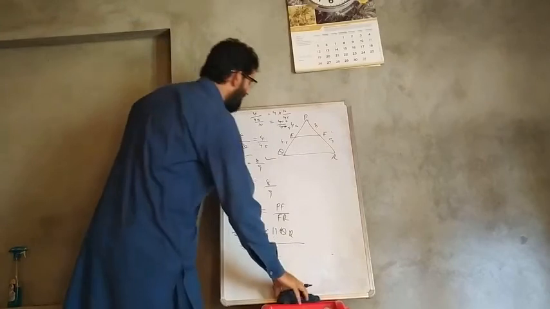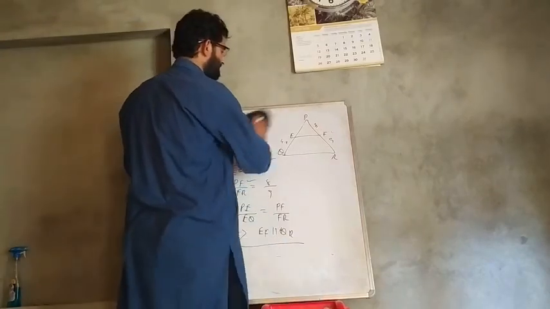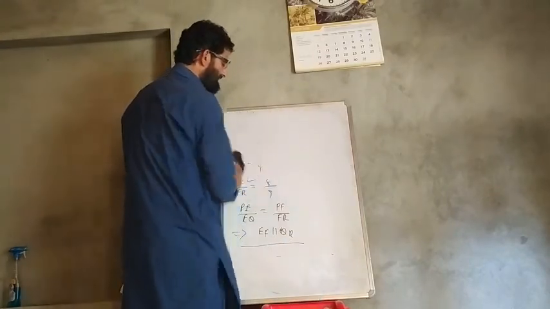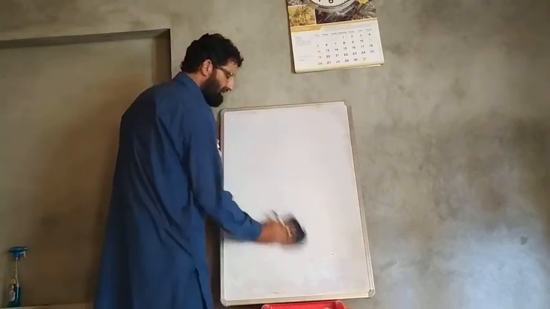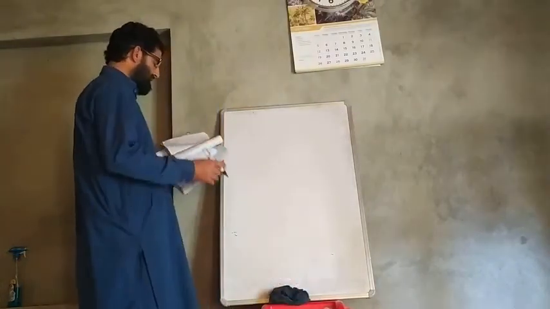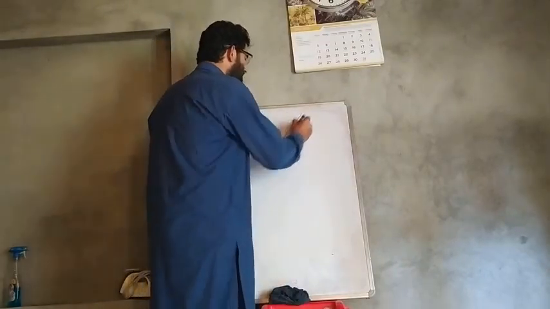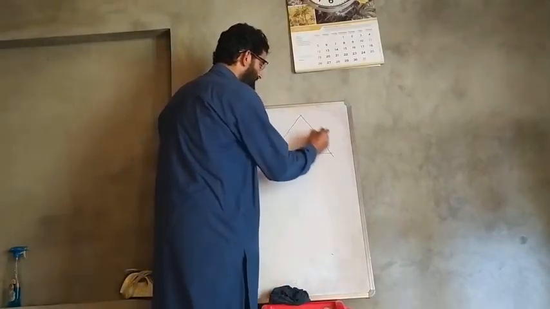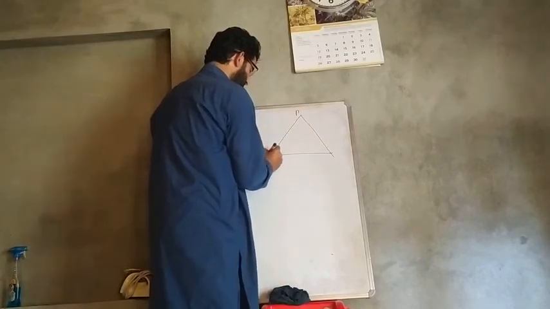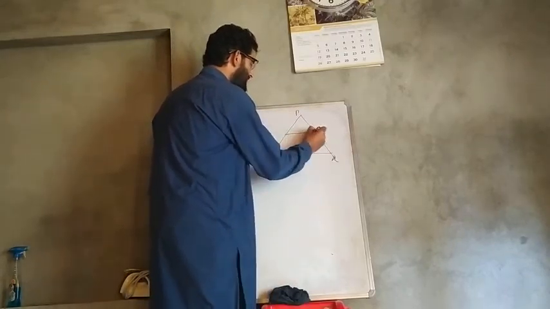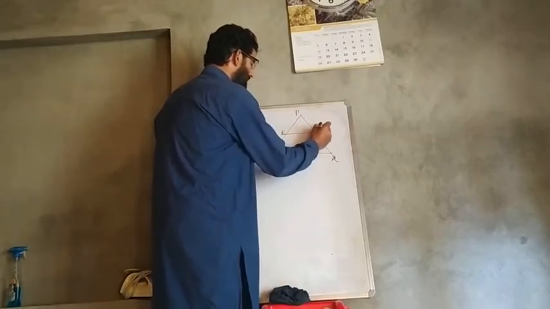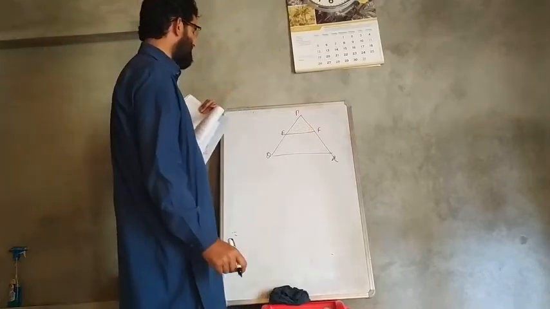Now this third part is: in first case lines were not parallel because ratio was not equal. In second case ratio was equal, so lines are parallel. Now in third case, again let us draw this triangle PQR. Again E and F are 2 points on PQ and PR respectively.